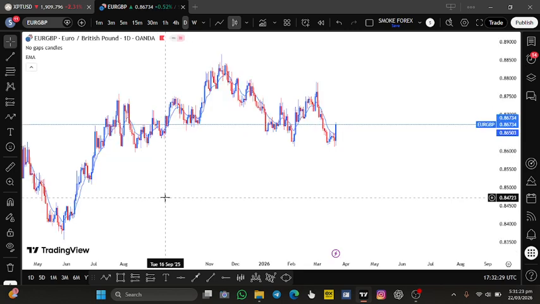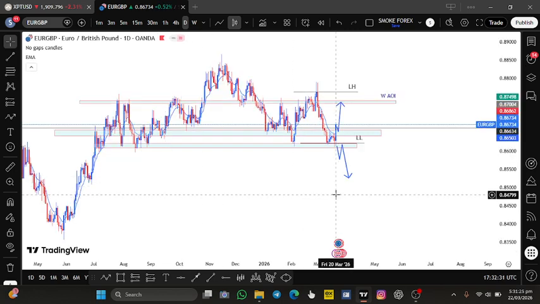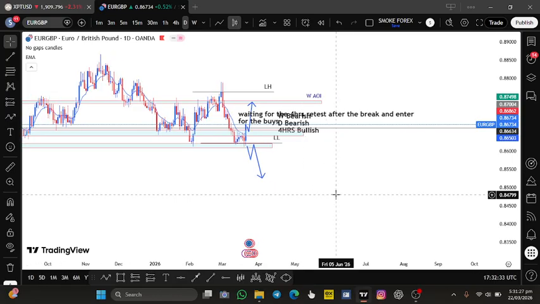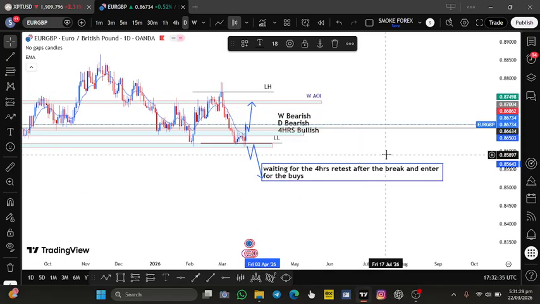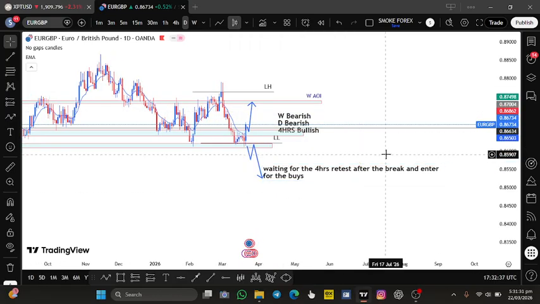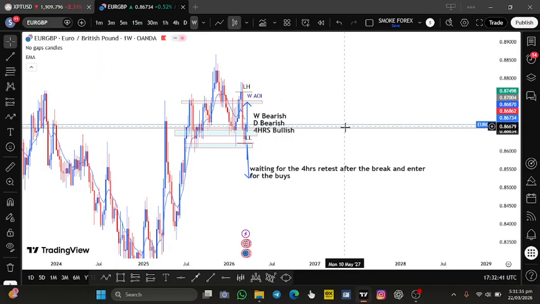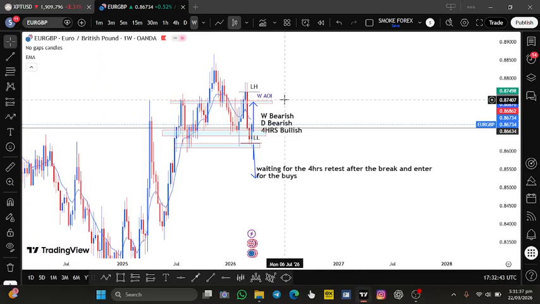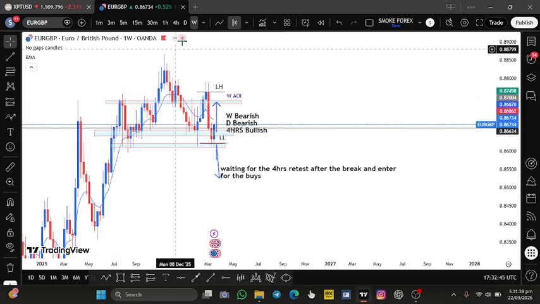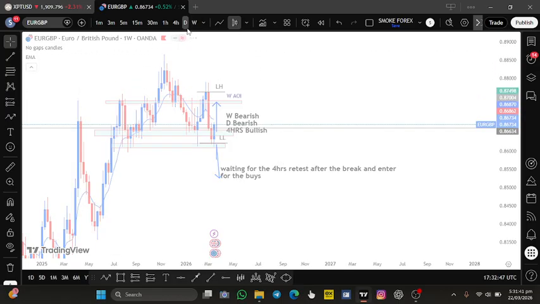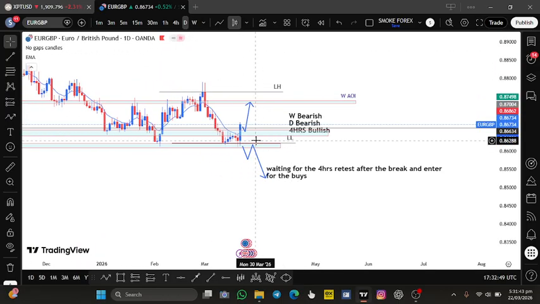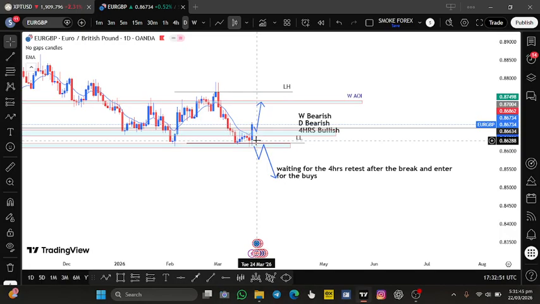My next pair is Euro GBP. So with Euro GBP, we have our weekly to be bearish, our daily also to be bearish, but our 4 hour is bullish. So price hasn't broken this level.